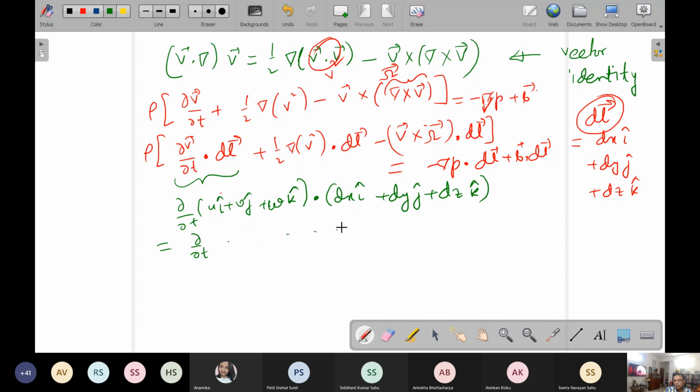We are not simplifying it anymore, because for the subsequent part of this derivation, we will consider a steady flow. If we consider a steady flow, then it will not matter what is the further simplified form of this.